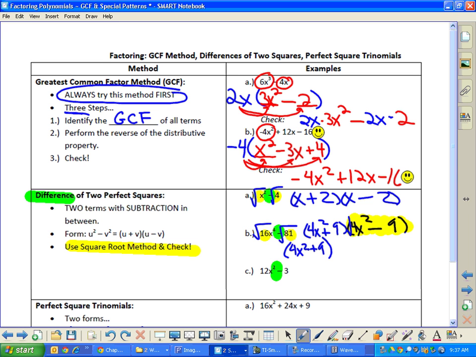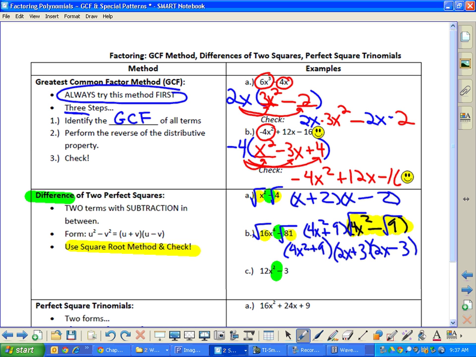I would square root this first part, square root this last part. Square root of 4x squared is 2x. Square root of 9 is 3. Put in a plus and a minus. So now if I FOILed and distributed all over again, I would get 16x to the fourth minus 81. Everybody see that?